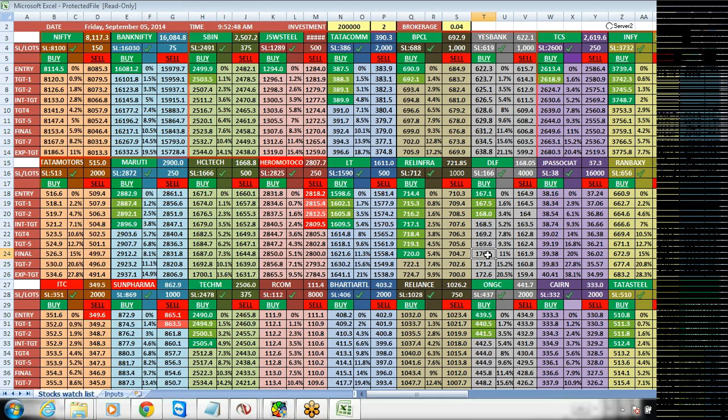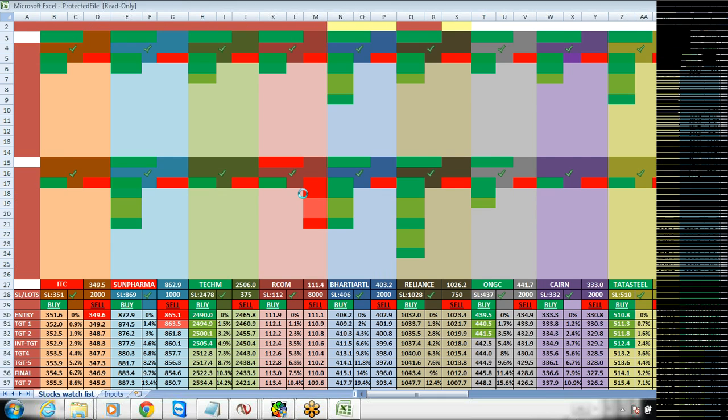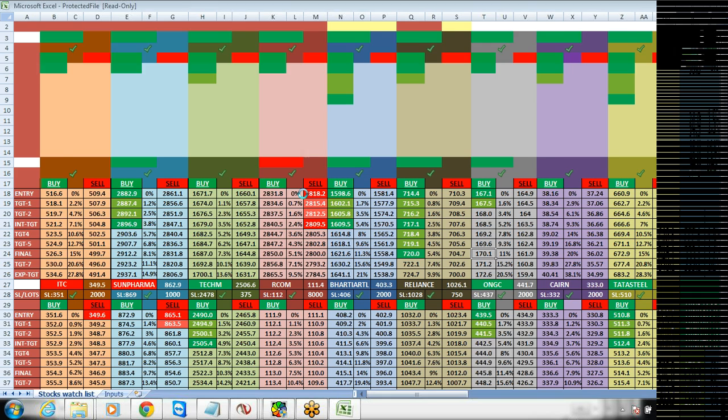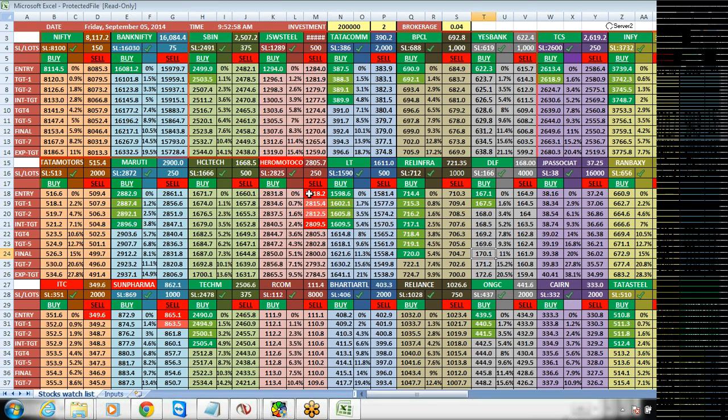Or else if you are happy with the final target, let's say it started at 167 was the entry, 167 to 170, that is around 3 rupees. 3 rupees times 2000 is a lot, so 6000 rupees you have just made within a few minutes.